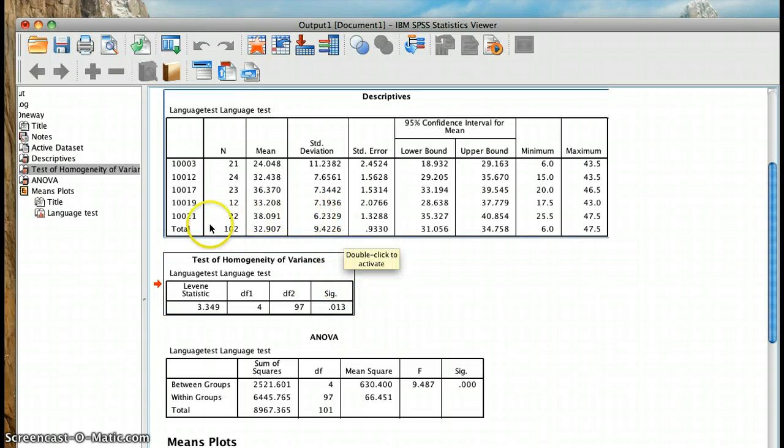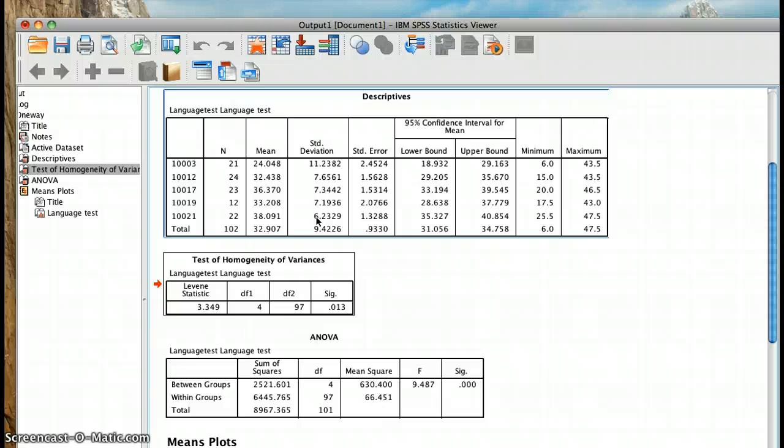So, for example, class 10,021 has a standard deviation of 6, and the first class, 10,003, has a standard deviation of 11. So these guys vary much more amongst each other than these guys, right? So that already gives an important piece of information, because it tells you that the variation across the classes varies.